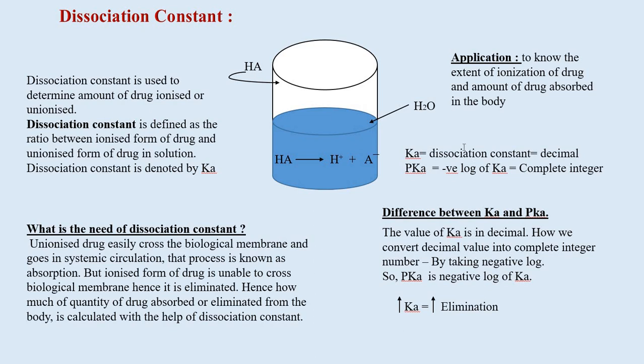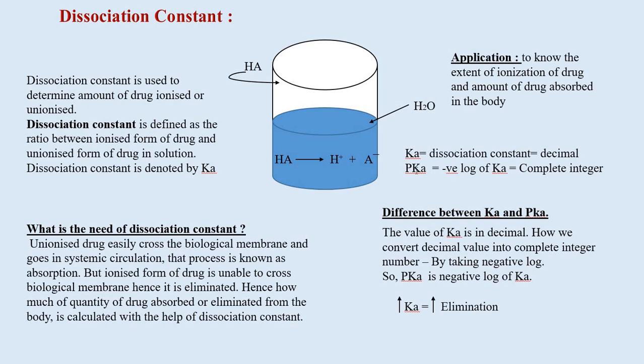What we are doing here is converting this decimal into a complete integer. How are we converting it? By taking the negative log of Ka. So pKa is also a dissociation constant value, but the negative log of that value, so we get a whole number.